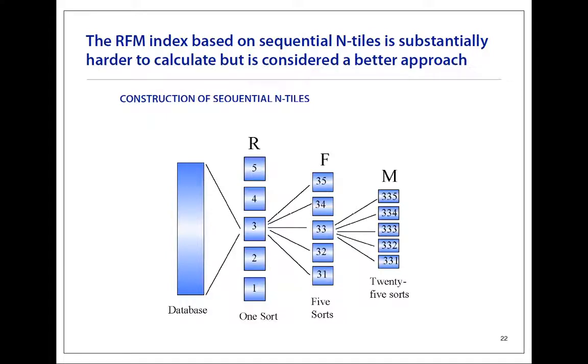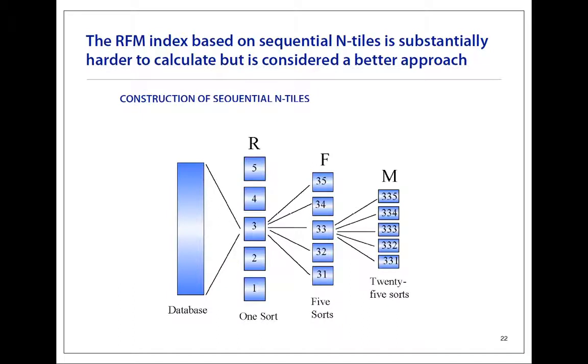The downside is that, in this case, at the end of the day, we cannot make a comparison across groups on, say, the monetary level. For example, if one person belongs to group 115 and another person belongs to group 551, we cannot say the second person is a better customer on monetary than the first person, because they belong to different RF groups.